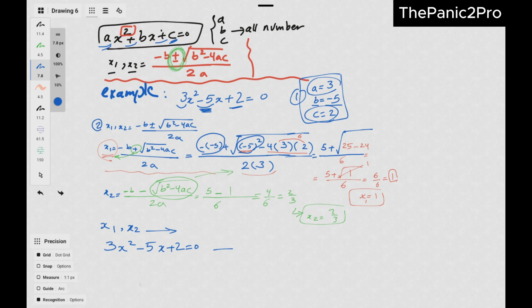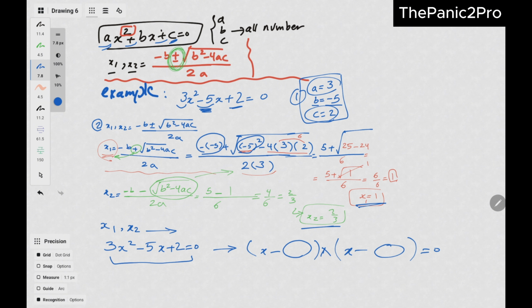We figured out that x1 and x2 are the two roots of the equation, so I'm going to rewrite that example as x minus first root, multiplied by x minus second root, equals 0.